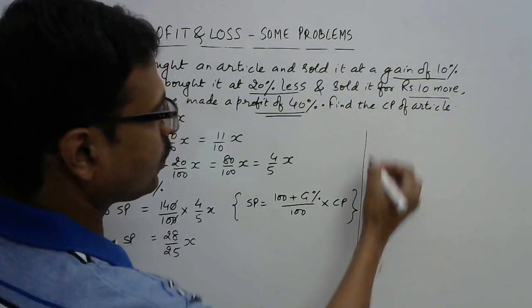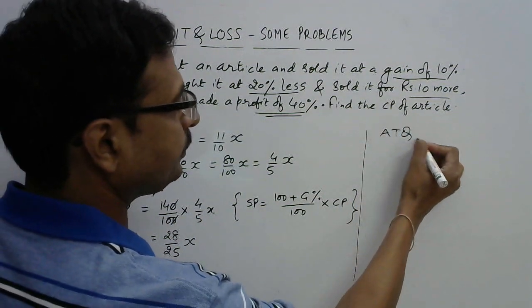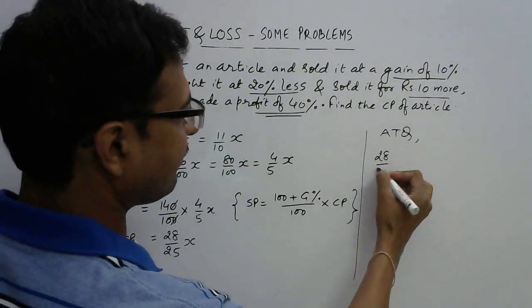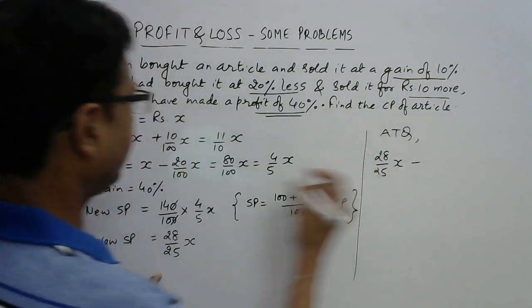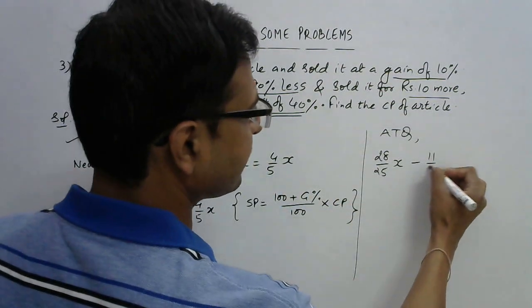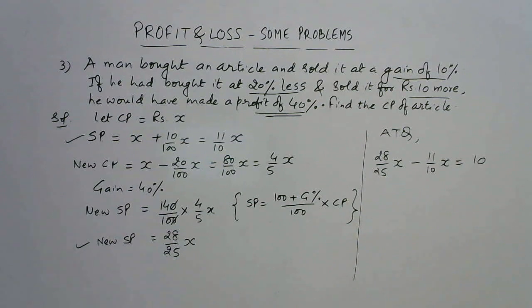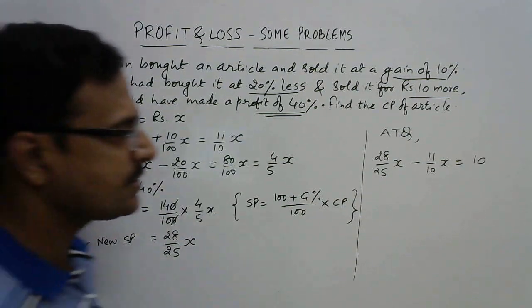Now according to the question, the difference between these two, that is 28 upon 25 x and 11 upon 10 x, is rupees 10. Now this is the equation that was required, and now we can find very easily the value of x from here and get to our answer.